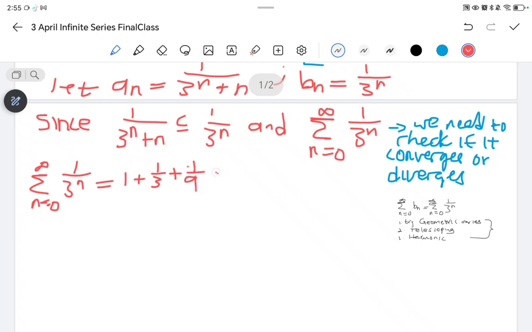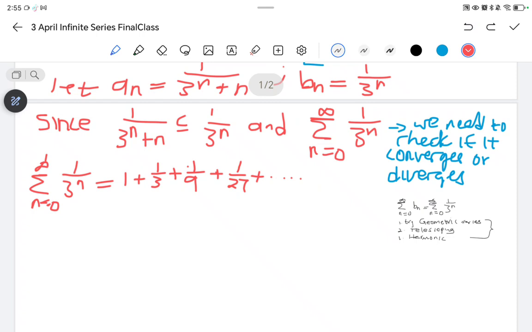I plug 3, I'll get 1 over 27. Up until it's going to infinity, so I'm going to end at infinity. If it was going to k, I was going to end at plus 1 over 3 to the k. You see, right? So this one is going to infinity. I'll just put the dots.